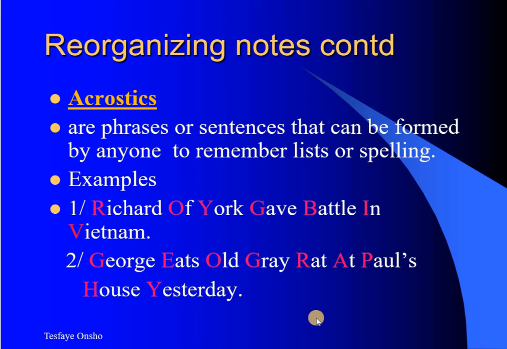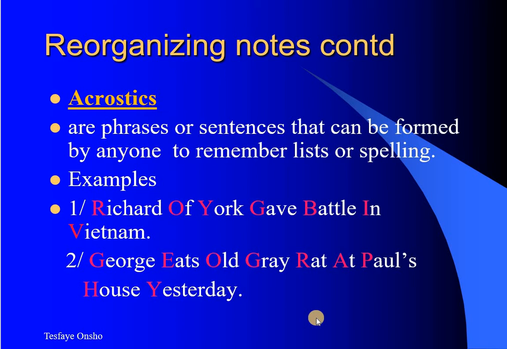For example, "Richard of York gave battle in Vietnam" is to remember the seven colors of the rainbow, where we use the word Roy G. Biv. How do we actually remember Roy G. Biv? We can create acrostics for it like this.